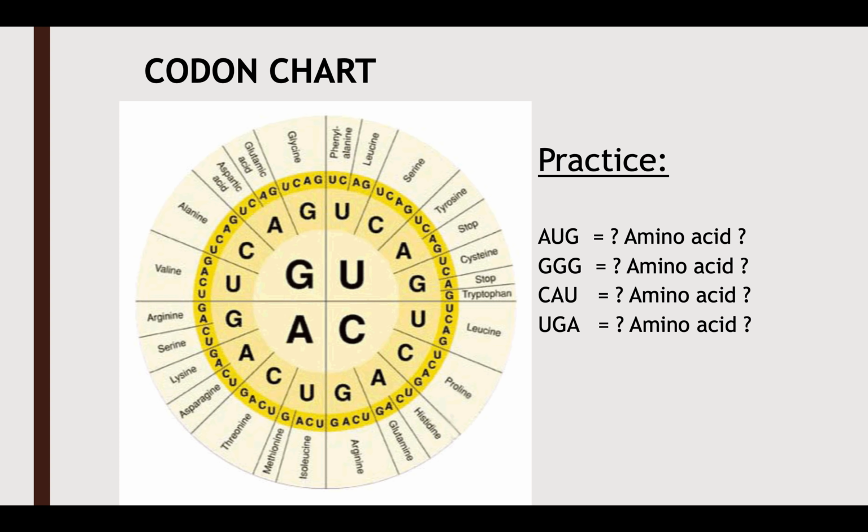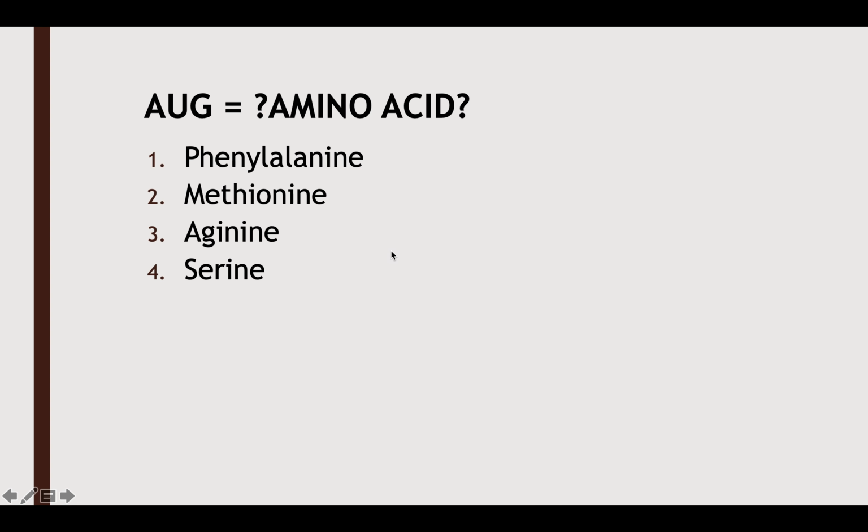Okay, at this point you should have written these in your notebook and tried them on your own. Let's go ahead and check and see how you did. So AUG, which one is the proper amino acid that AUG is the code for? Did you say methionine? If you did, methionine is correct. I also should point out here, AUG also has another purpose. AUG is what we call the start codon.